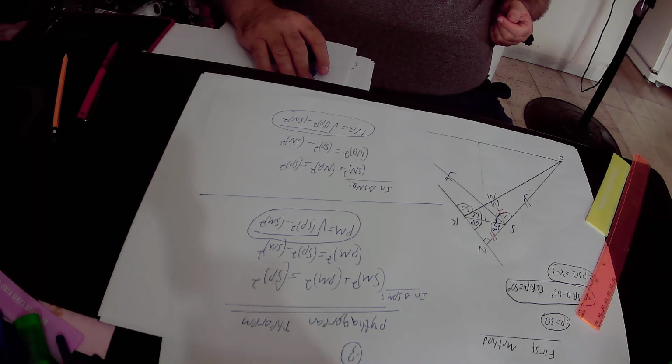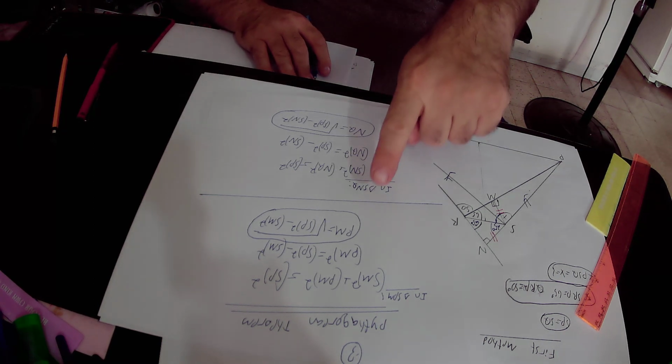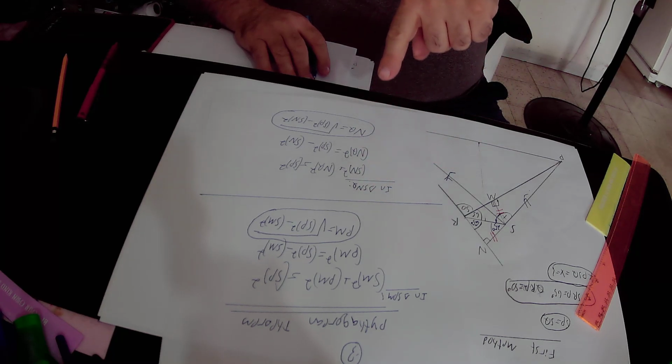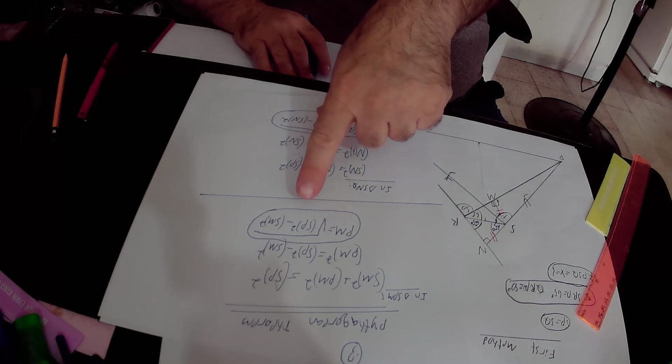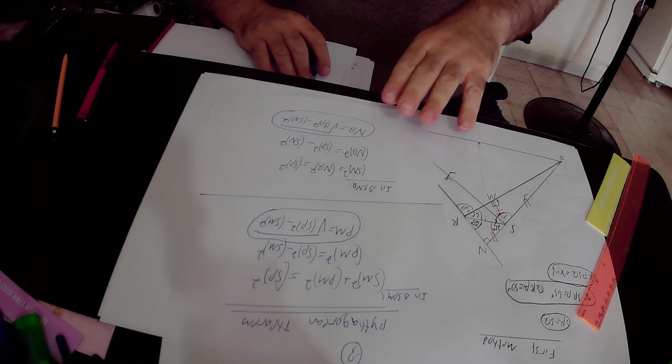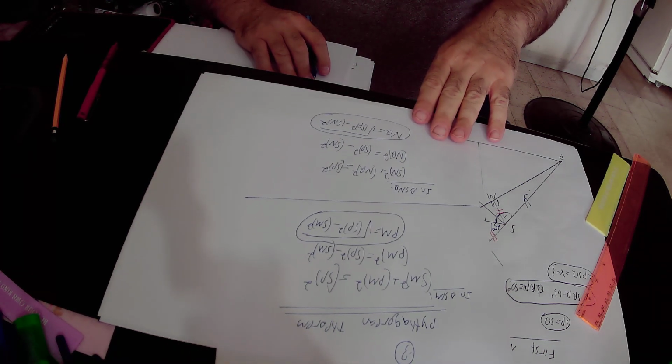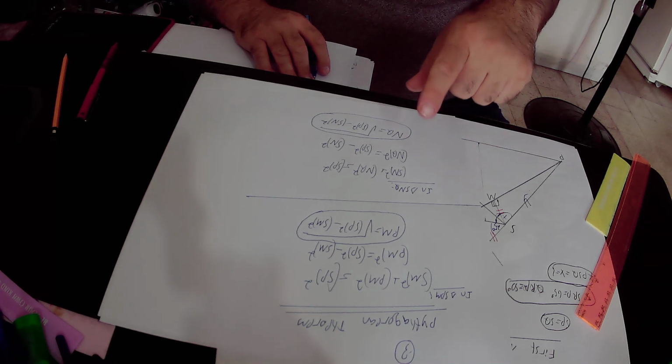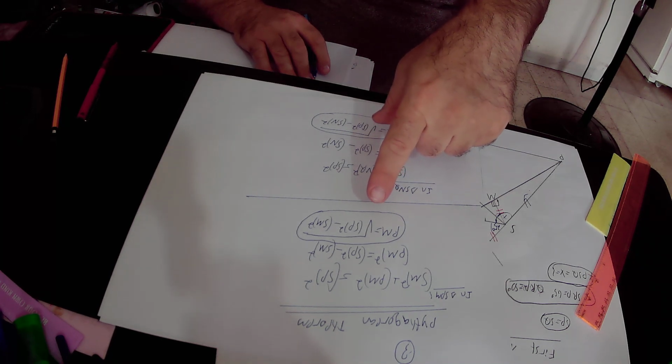Actually, as you can see here, PM is actually equal to NQ. Why? Because those two expressions are equal to each other.